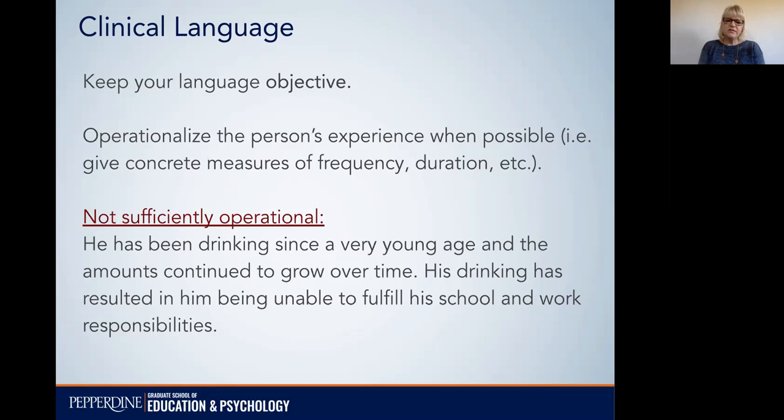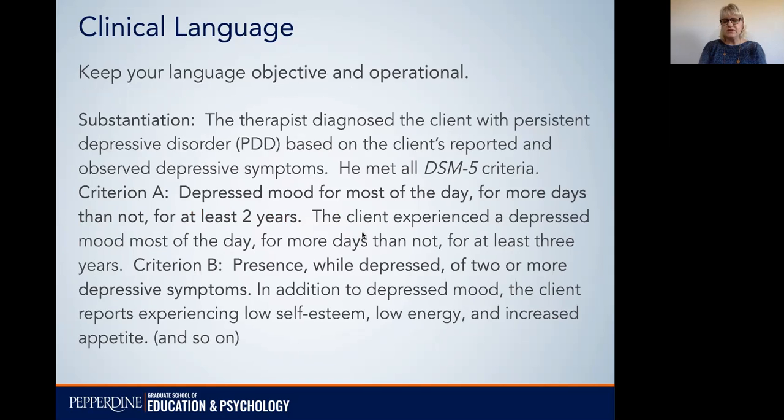"He has been drinking since a very young age, and the amounts continue to grow over time. His drinking has resulted in him being unable to fulfill his school and work responsibilities." So here, this is a different disorder and issue, but you can see this is much more objective and operational.